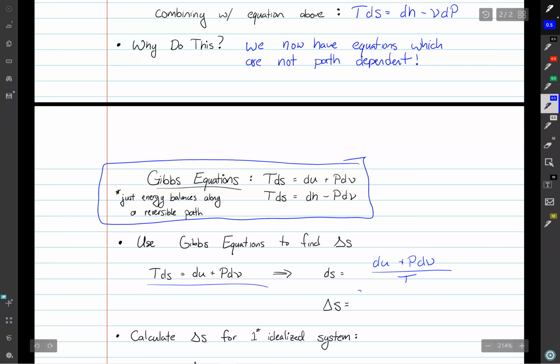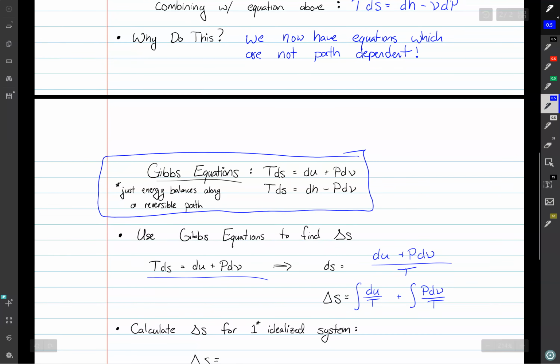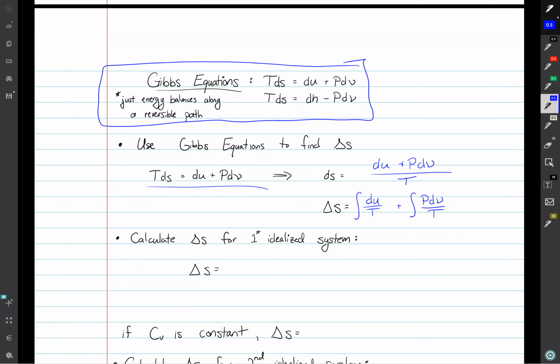So delta S equals the integral of dU over T plus the integral of P dV over T. And this is how we calculate entropy. That equation allows us to calculate changes in entropy.